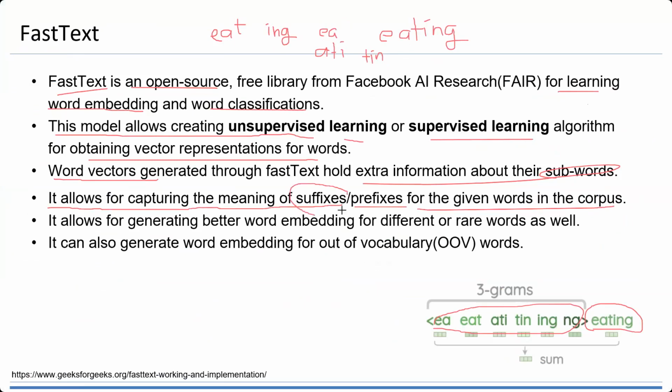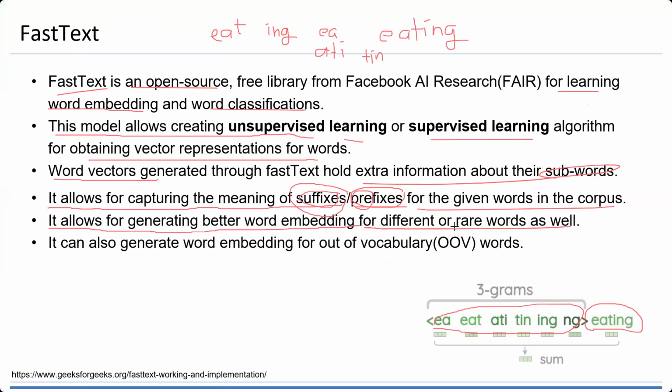So if you already remember, suffix and prefix. Pre means the beginning of a word. Suffix is the ending of the word. It allows for generating better word embedding for different or rare words as well.